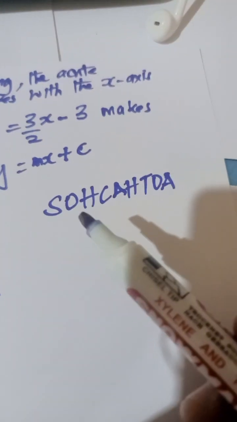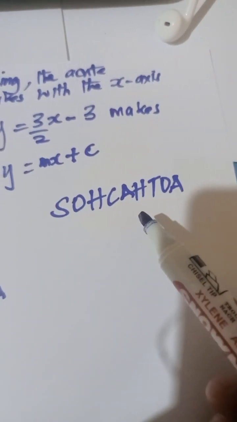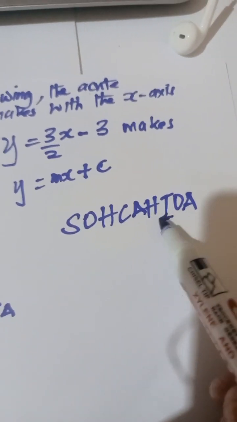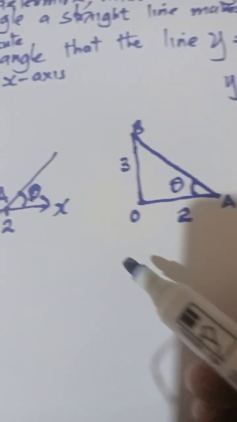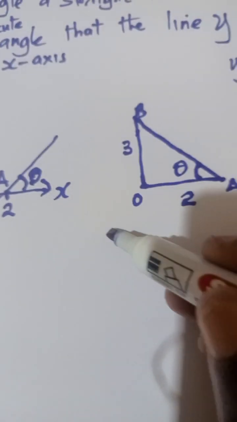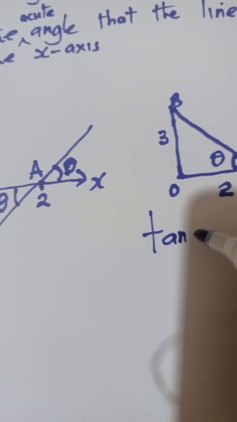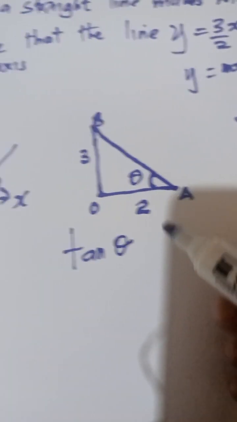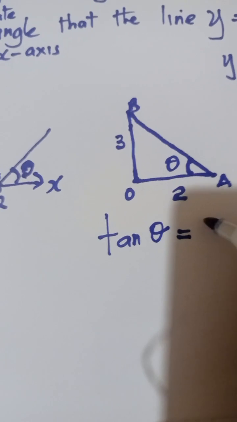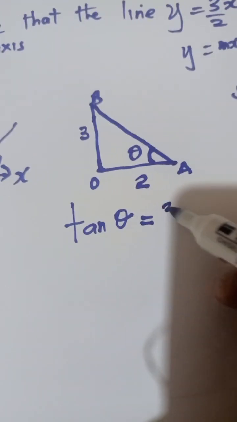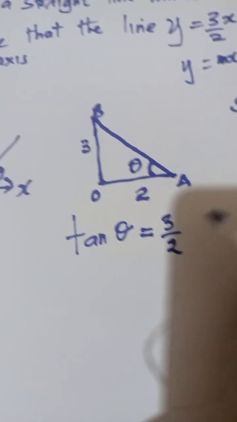So from our SOHCAHTOA, the ratio that we can get when we have the opposite side and the adjacent side is the tangent. So if you want to get this angle, then tan theta is equal to opposite over adjacent, which in this case is 3/2.